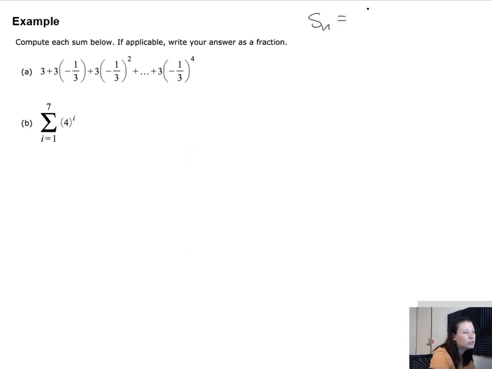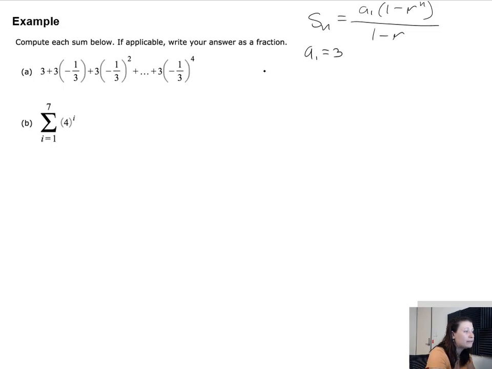That's Sn is equal to A1, 1 minus R to the n, all divided by 1 minus R. So first we have to figure out what R is and what A1 is. Well, A1's easy enough on this first one. That's just 3. So A1 is 3 for this first one.